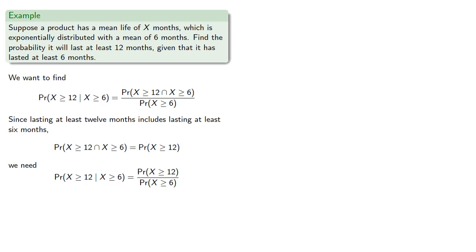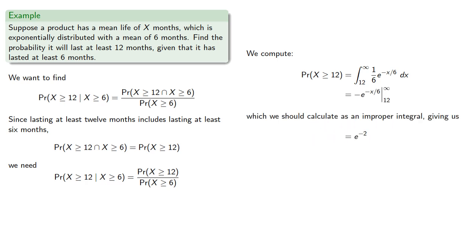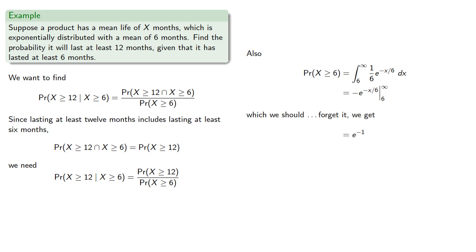So we'll compute the probability that x is greater than or equal to 12, which is the integral from 12 to infinity of our PDF, which will be, and again, we should calculate this as an improper integral, giving us the probability that x is greater than or equal to 6 will be, where we should evaluate this in the way you would want to evaluate it. And we find that quotient.